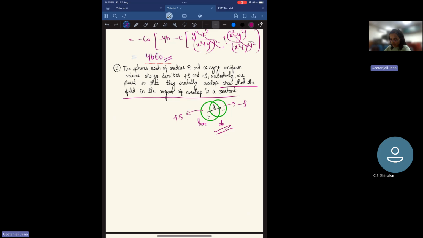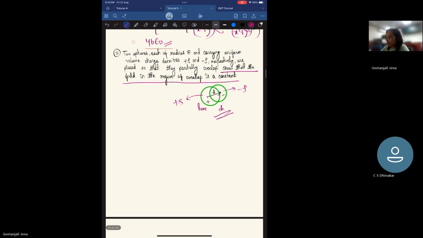Whenever you have a situation like this, in the overlapping region, we'll see that the electric field is independent of the distance at which we are trying to calculate it. So it is independent of r.